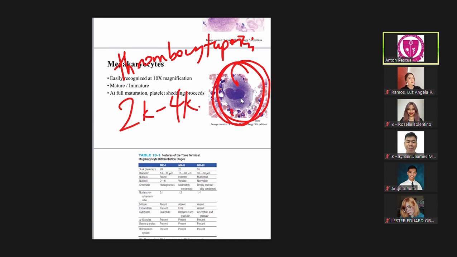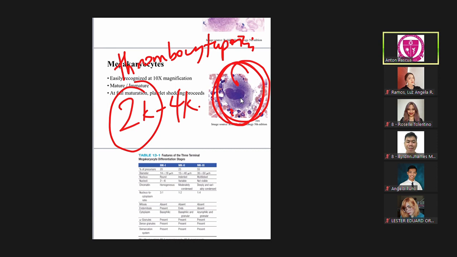Right? Baka mag-form nga ng mga unwanted clots na yan. Tama? So, what we do here is only about 70%. O for example, do the math na lang. 2,000 for example yung platelets nyo. Ilan yung 70%? 1/4 for example. 1/4 lang yung mapupunta sa blood. Yung 600 mapupunta sa spleen.